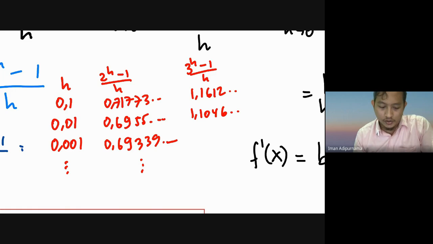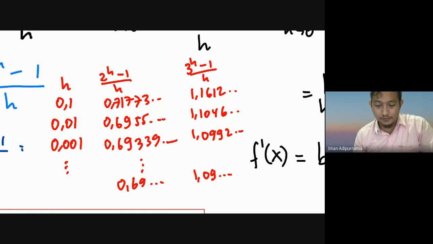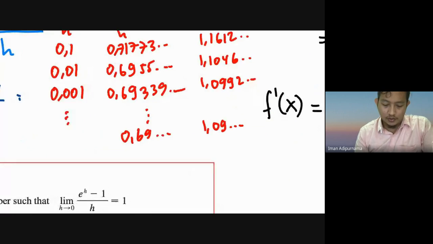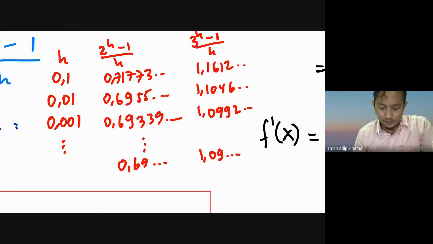And with 0.001, you get 1.0992 something. You will see that for 2 it gets around 0.69 something, and for 3 you will get 1.09 something.